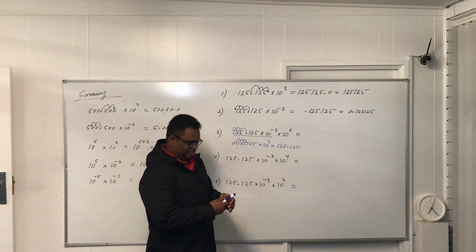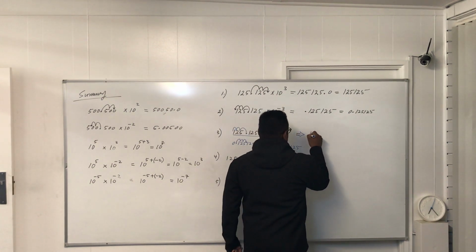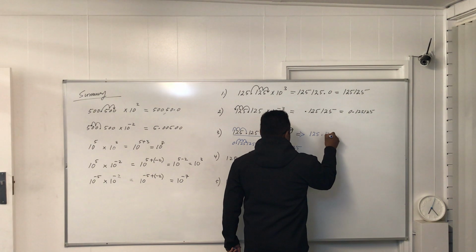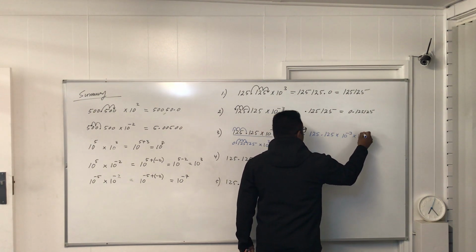Okay, so let me do that. I'm going to do this as a new question now. 125 times 10 to the power minus 3 times 10 to the power 3 is my question.